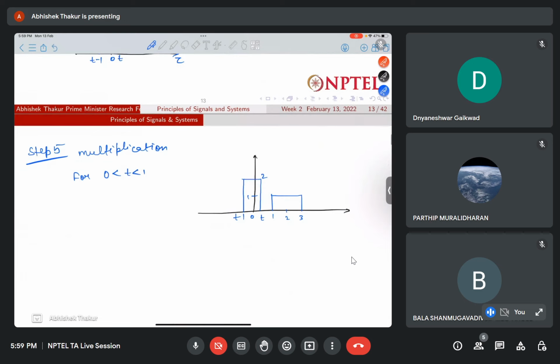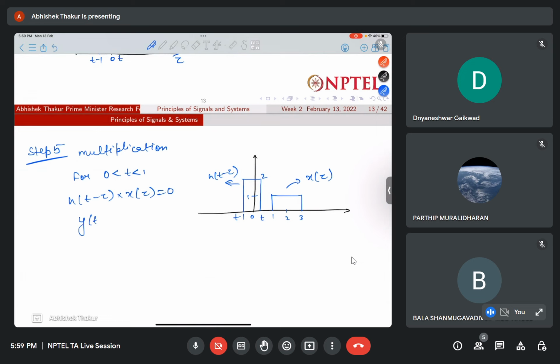So for t less than 1, if you multiply h t minus tau and x tau, then h t minus tau multiplied by x tau is equal to 0.